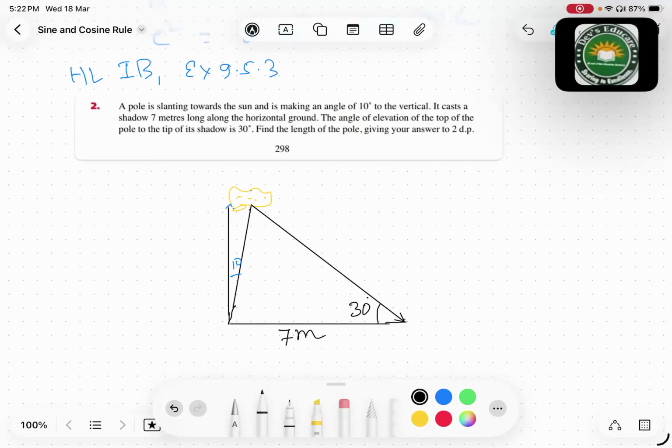So we need to find the length of the pole. If we take A, B, and C, AC will be the pole. Let AC equal L, the length of the pole. And the length AB is 7 meters.